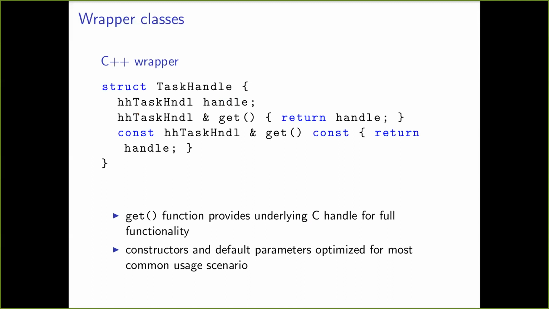And also what we're doing so far is trying to reduce the number of parameters, perhaps the not so common parameters. I think what might be the best from the user perspective is to optimize it in the sense of providing, for example, constructors for task handle or builder or factory functions for cases which are most common.